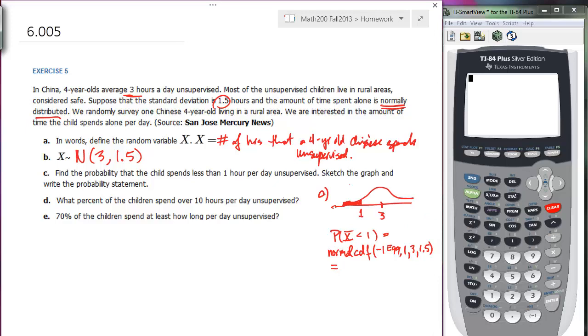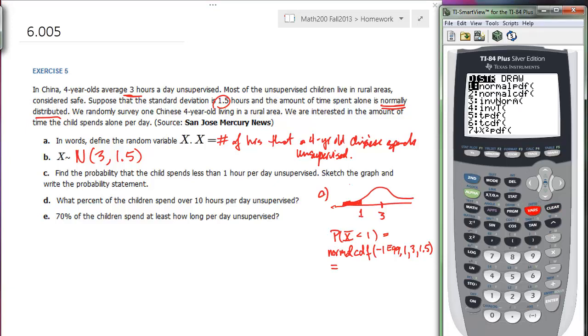Our calculator has the normal CDF in the second VARS, that's our distributions. We're going to select the number 2 or scroll down to number 2 until you see normal CDF. The negative sign for negative infinity can be found here, so make sure you distinguish that from this negative sign. So this is negative, and then we have a 1.